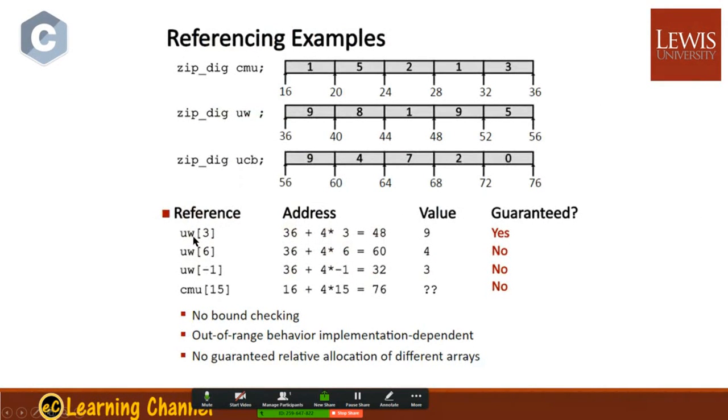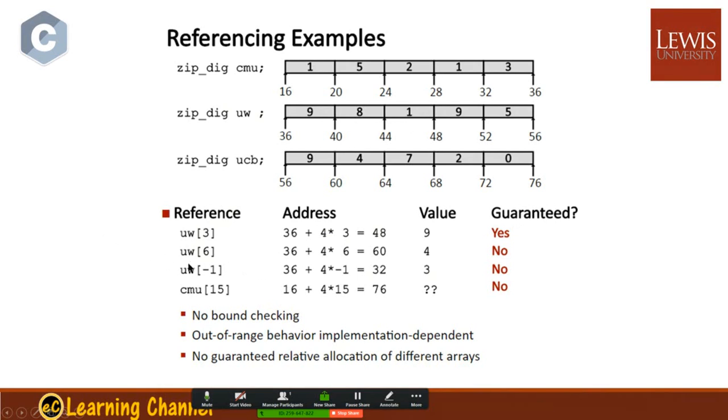If we have UW[3], we calculate the address by UW starting from 36 plus 4 times i, where i is 3 here. It will be calculated as 48, and from here we get 9, so this is guaranteed.